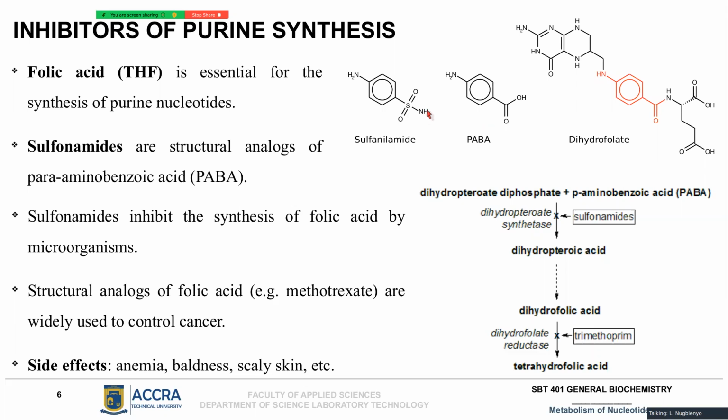When introduced in the body, it inhibits this first enzyme, dihydropteroate synthase, because it acts as if it is a substrate to the enzyme, as if it is para-aminobenzoic acid, but it is not. In place of para-aminobenzoic acid, if the sulfonamide comes in, it will act as an inhibitor.